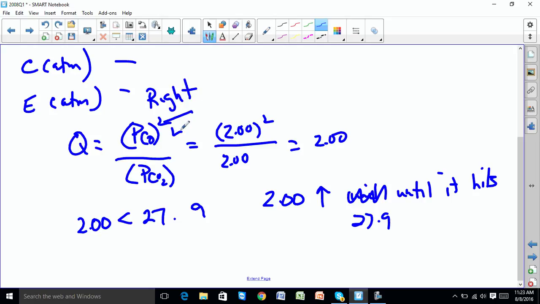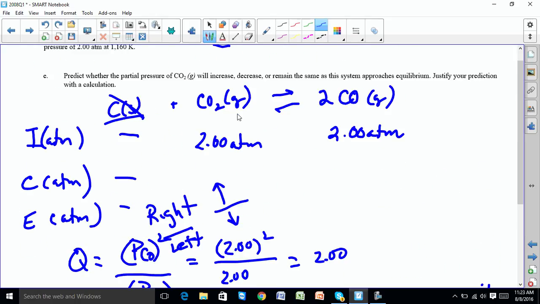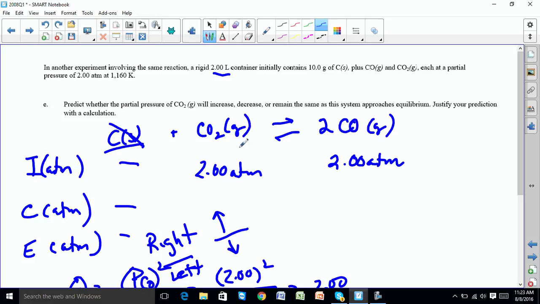And the only way that this can grow is if the right side gets bigger, because when the number in the numerator gets bigger, Q gets bigger, or the left side gets smaller, because if you divide by a smaller number, the answer gets bigger. Either one of these things makes this grow. Well, the right side needs to get bigger and the left side needs to get smaller. CO2 is on the left. So the partial pressure of CO2 will decrease.